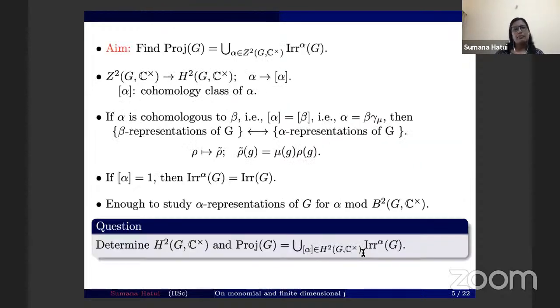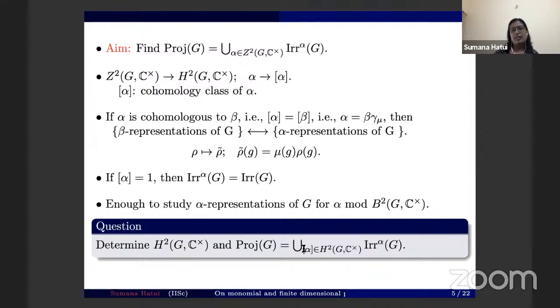So what is our aim? Finding projective representations of G. That means you take every two co-cycle alpha and study the set of all inequivalent irreducible alpha representations of G. But this tells you that you don't need to take every two co-cycle. You have to take only alphas up to cohomologous.